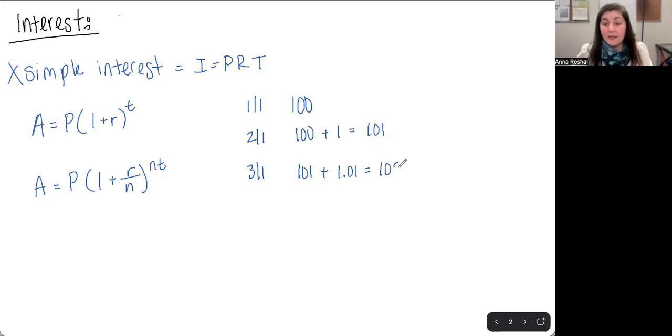So really at the end of March 1st, I'm going to have $102.01. Some people say it's the beginning of March 1st, some people say it's the end of March 1st, whatever. So then I'm going to go April 1st. I'm not touching my bank account at all. So I'm going to start off with this $102.01, and I'm going to add 1% on that.